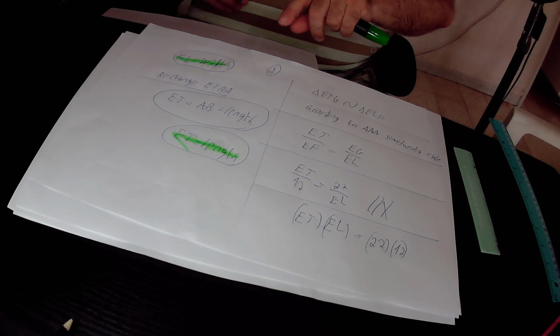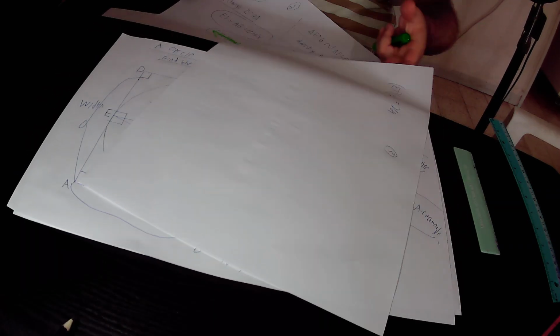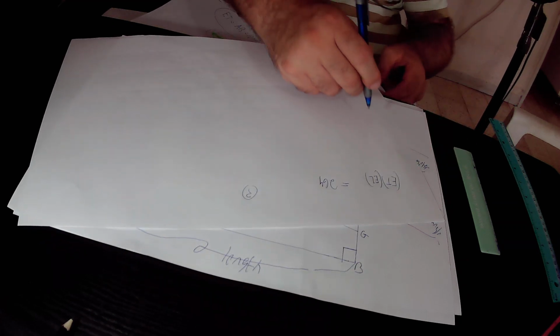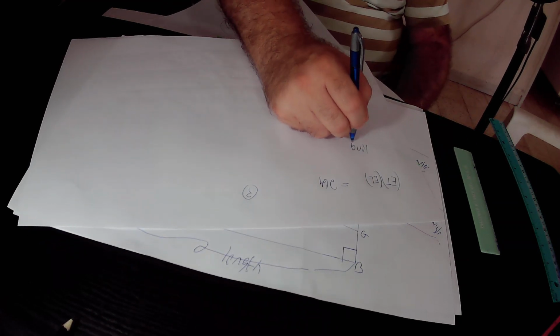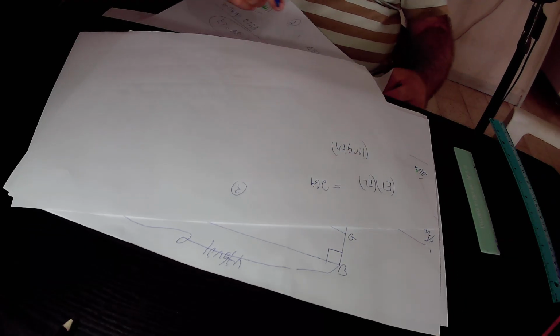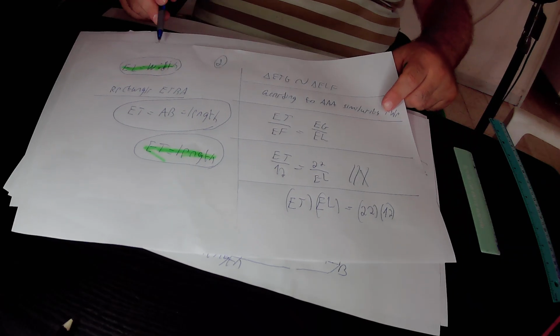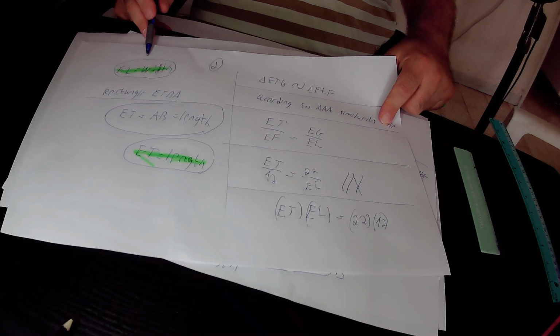We have already found out that ET equals the length of rectangle ABCD, so we substitute ET by the length of rectangle ABCD times EL. We have already found out that EL is the width of rectangle ABCD.